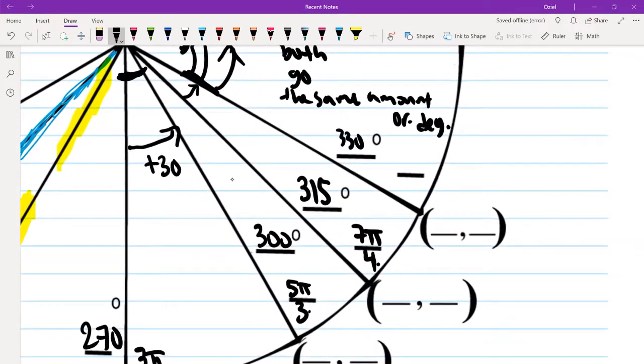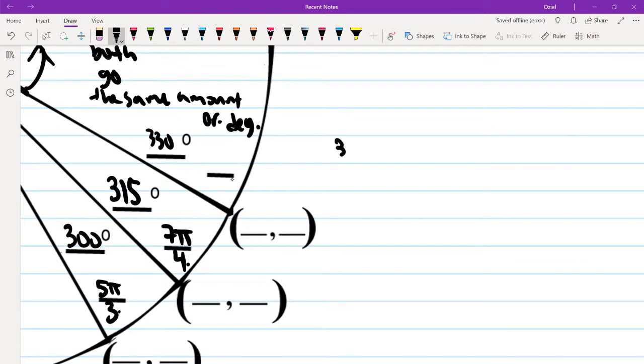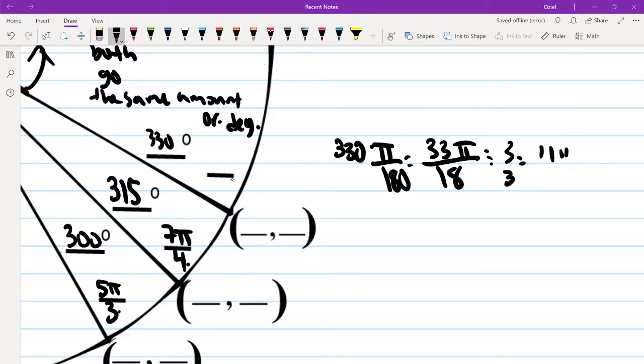And then you would convert that to radians. So you would do times pi over 180 and get 33 pi over 18. And that would be about 11 pi over 6.